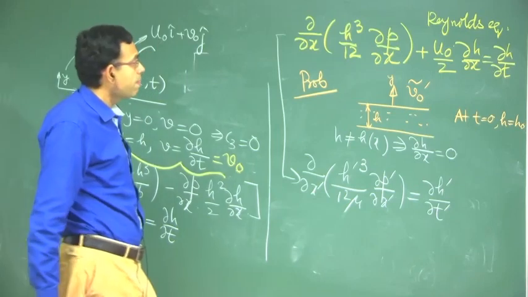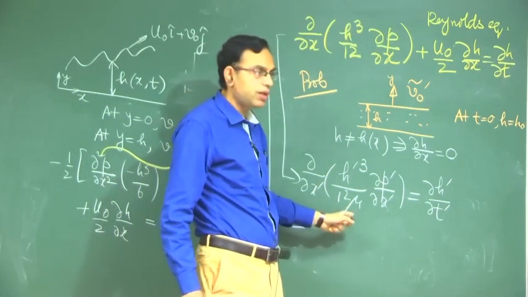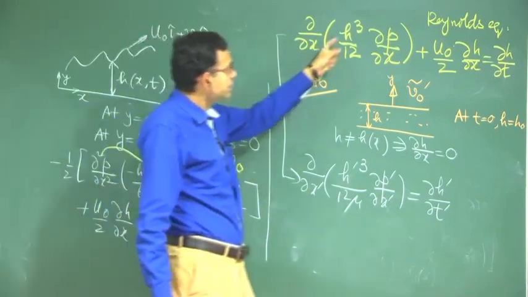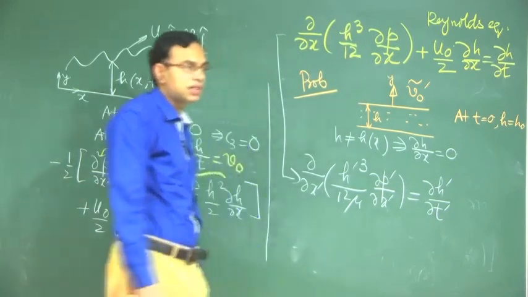Just change all these to x dash, p to p dash, you will see just only one mu will appear, nothing else will change. So in the previous case, all the mu is absorbed in one of the scales, the velocity scale.